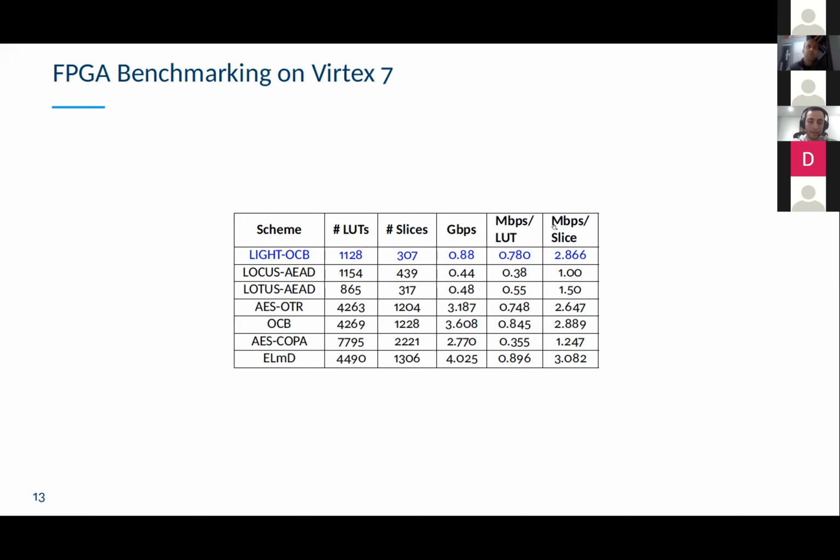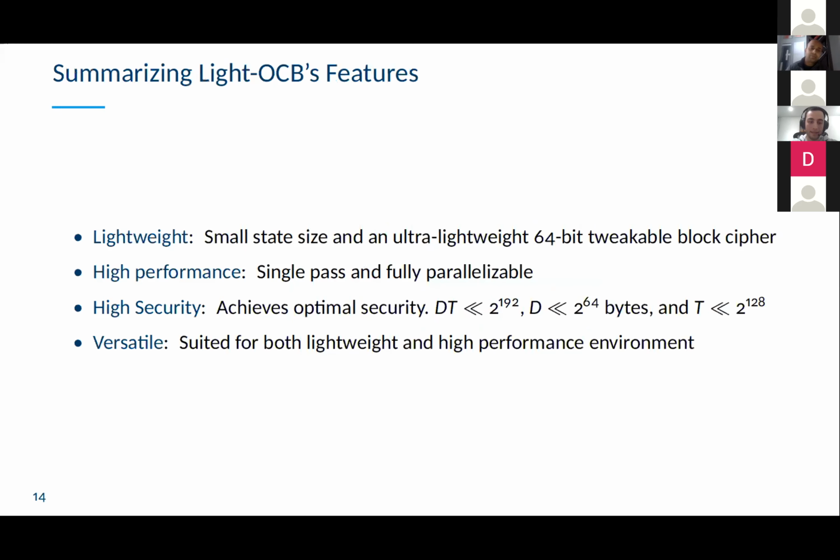I would also like to mention that Locus-AEAD provides INT-RUP security, but Light-OCB cannot provide INT-RUP security because it has rate 1, and OCB-like structures can be broken by INT-RUP attacks. Summarizing all the features, it is lightweight.